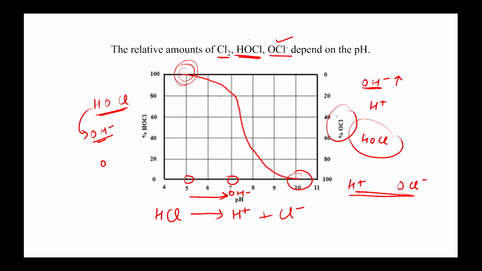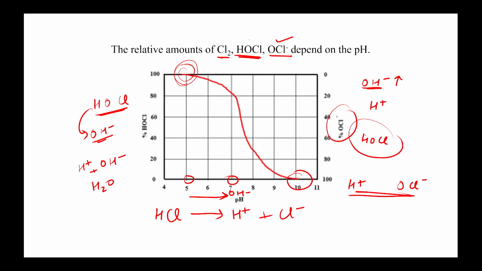At 7, around 80% is HOCl, so 20% of HOCl will dissociate into H plus and OCl minus ions, and those H plus ions will be required to neutralize these OH minus ions to form water.